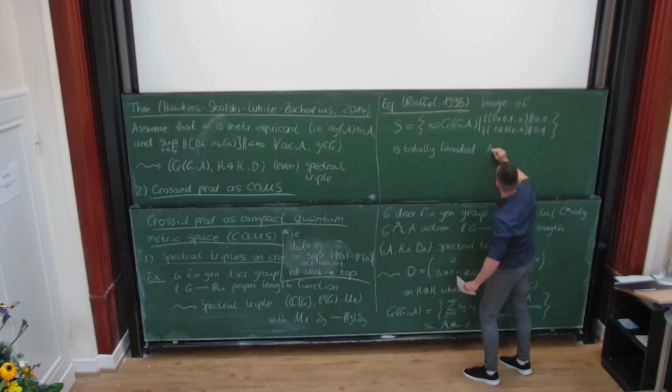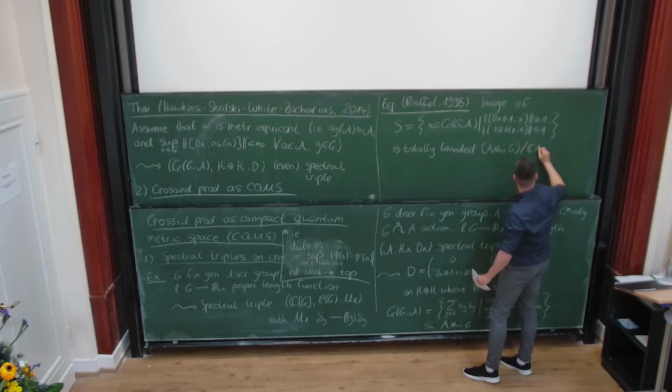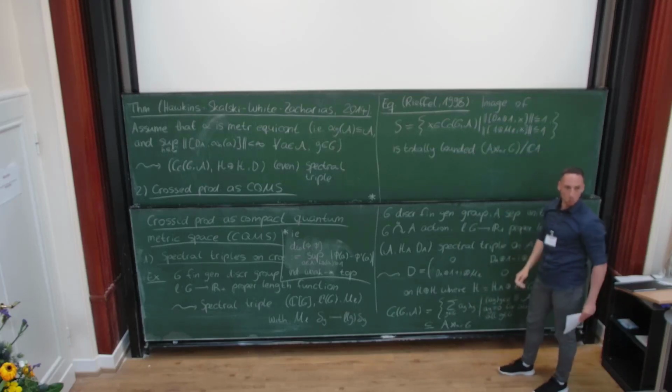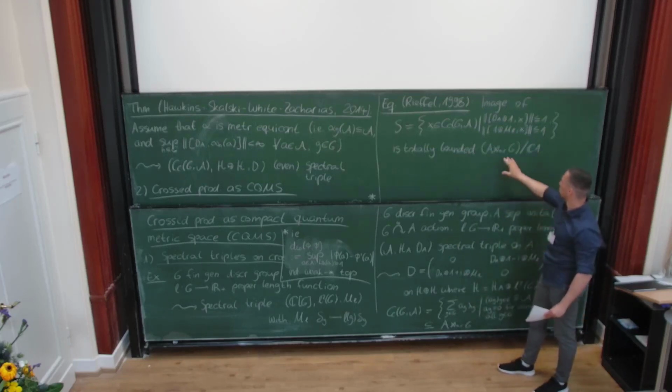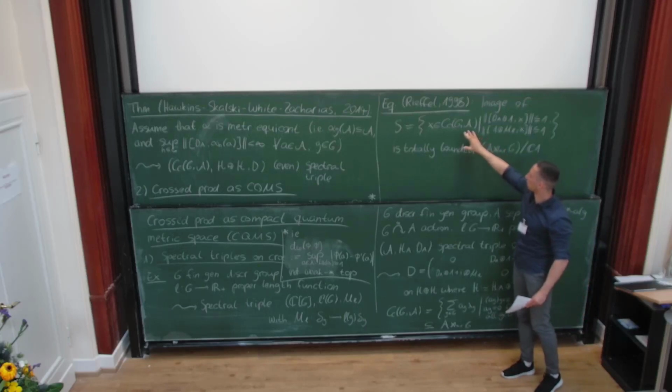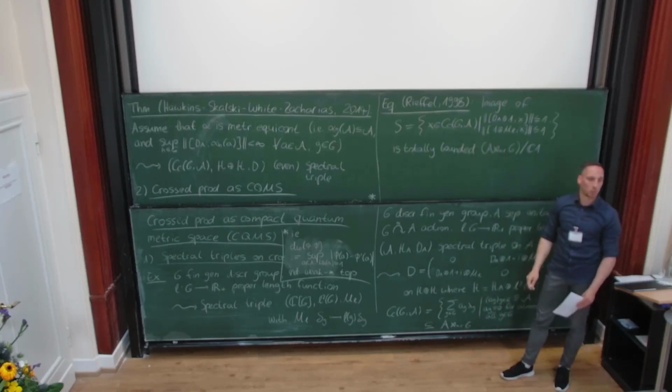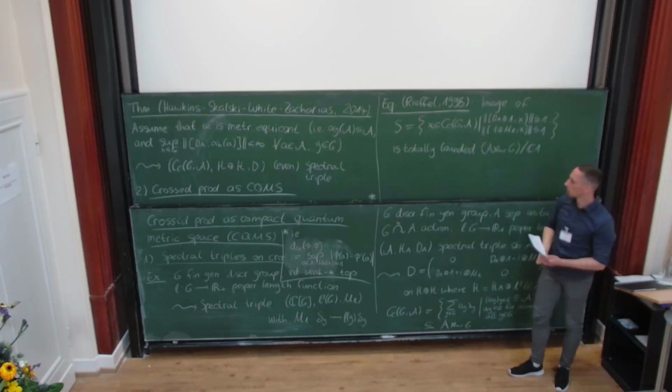So we take the cross product star algebra, mod out C times 1, and then we look at the induced topology in here, and at the image of this set, and we ask whether this is totally bounded or not.